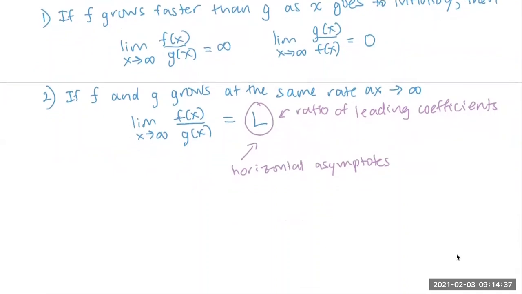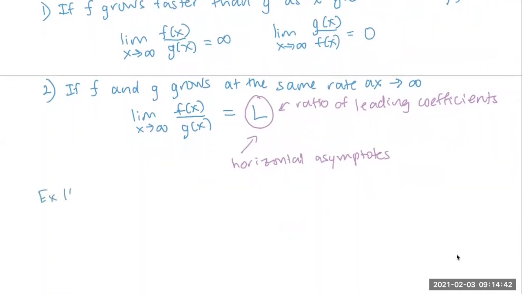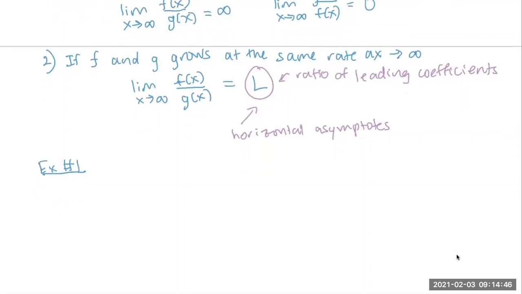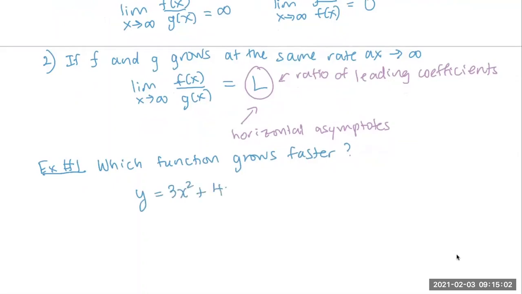Okay, so in the last few examples here, the last two, I'm just going to have you guys tell me which one grows faster, or do they grow at the same rate? Okay, so which function grows faster? And same rate is an option.